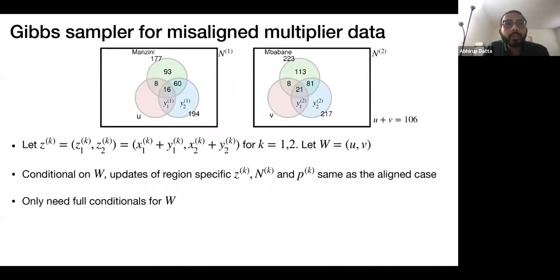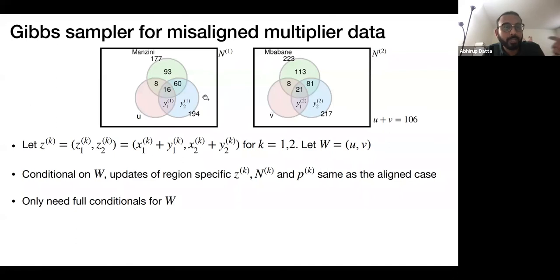So to do the imputation for the misaligned multiplier data, we do the same thing that we did before, but now we use a superscript to say that this is region 1 and this is region 2. So we need to impute these numbers, but we also need to impute these marginal numbers because these are also unknown. So in the Gibbs sampler, conditional on u and v, the updates within each region are the same as before.